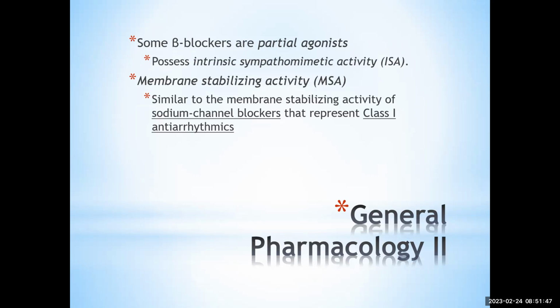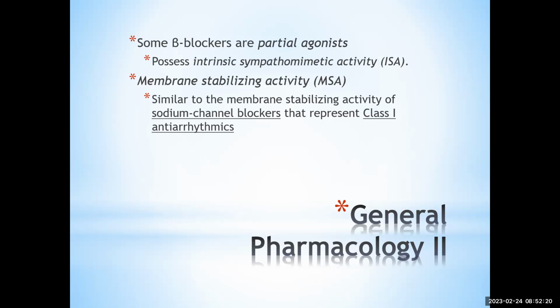A few of the beta blockers are partial agonists of beta adrenergic receptors. So they don't just bind to the receptors and antagonize them, preventing epinephrine and norepinephrine from binding without activating the receptor at all. Some of them actually activate the beta receptors just a little bit. So they are partial agonists.